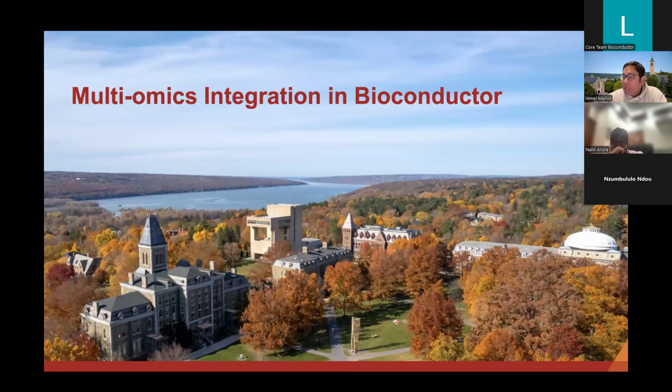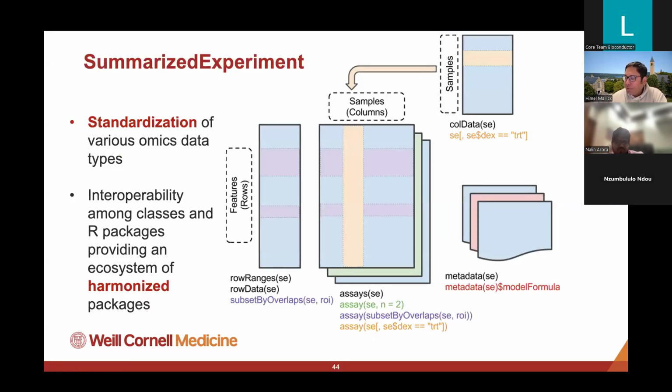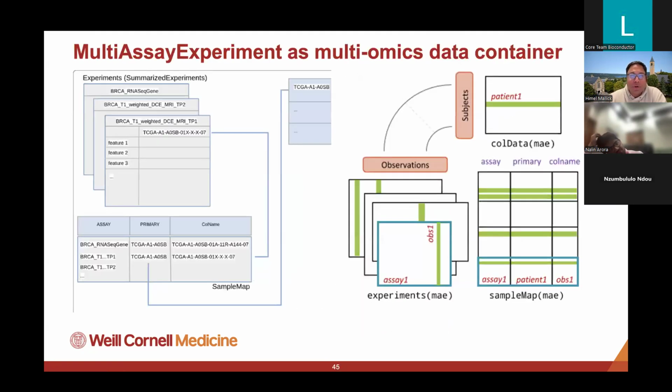And when it comes to Bioconductor, and we are going to switch to Nalin's tutorial very soon, you are all familiar with SummarizedExperiment. And obviously that was not completely useful for multiple assays.